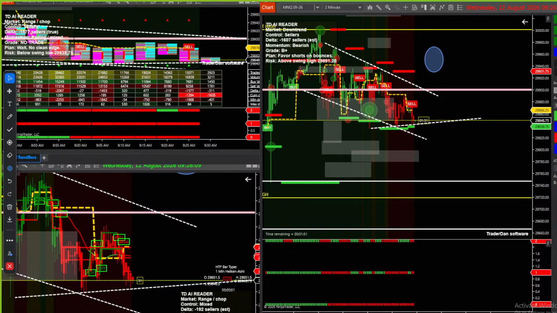They're going to give us a sweep of the low here. Had 387 sellers in the last bar. Still holding on to 2,900 positive delta. Trying to sell some of this back.